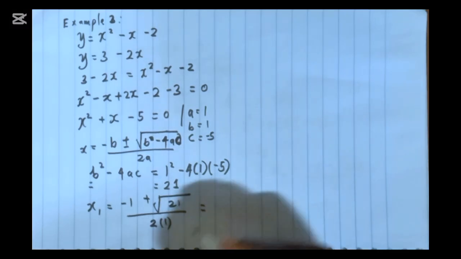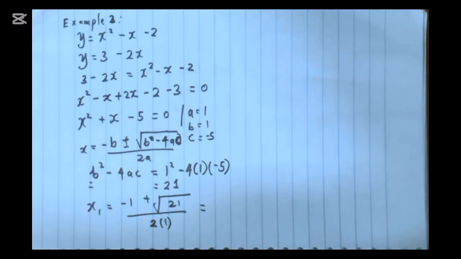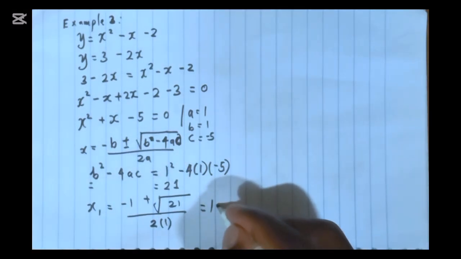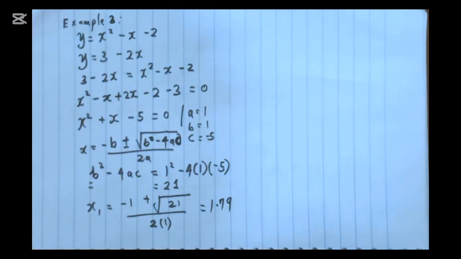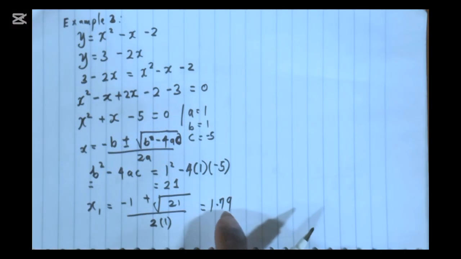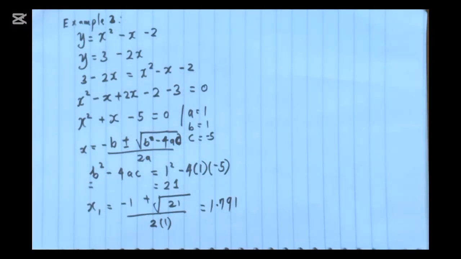When you do your math in your calculator, you will find that the value of x1 is 1.79. We're going to write it in 4 significant figures, 1.791. So that is the value of x1.